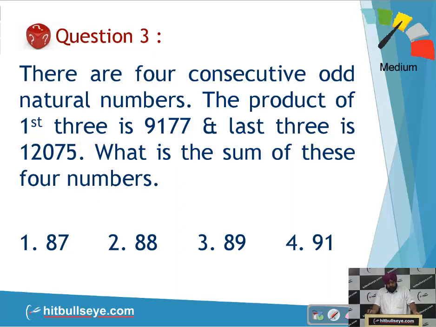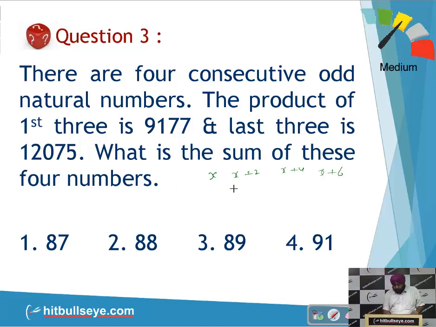There are 4 consecutive odd natural numbers. The product of the first 3 is 9177 and of the last 3 is 12075. What is the sum of these 4? If we start with the X-ray solution, we'll start like this. Let the numbers be x, x plus 2, x plus 4, x plus 6. Obviously, consecutive odd natural numbers will differ by 2.